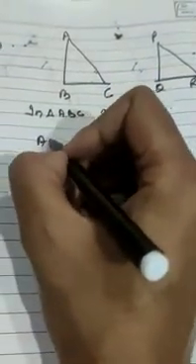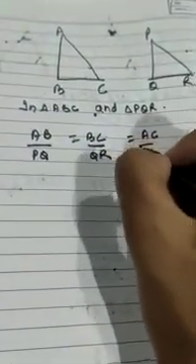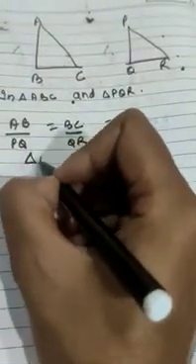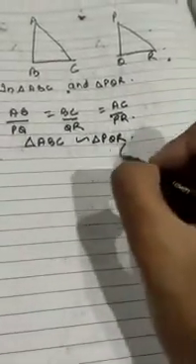So in triangle ABC and triangle PQR, AB upon PQ equals BC upon QR equals AC upon PR. So we can say that triangle ABC is similar to triangle PQR when we have the SSS condition.